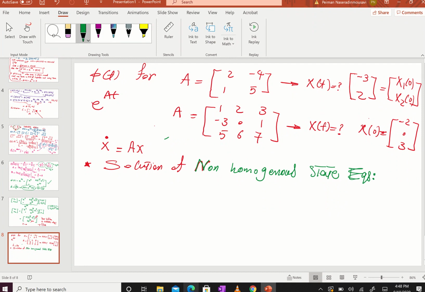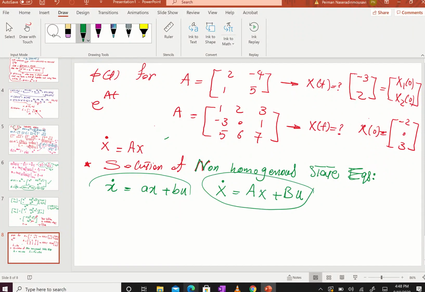So remember that this is the first order differential equation, x dot is equal to Ax plus Bu, or when it goes to the state space equations, you're gonna have x dot is equal to Ax plus Bu. Okay, for going to this, I have to remind you of this from the differential equation course.